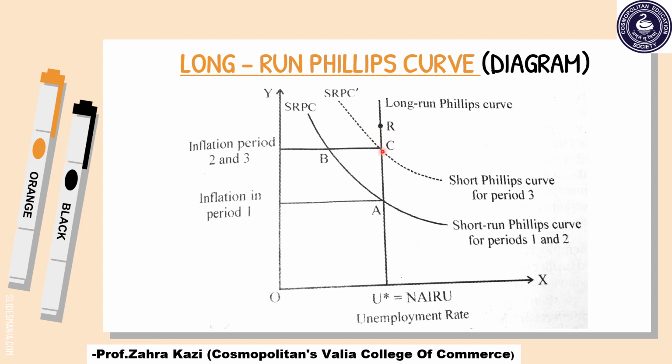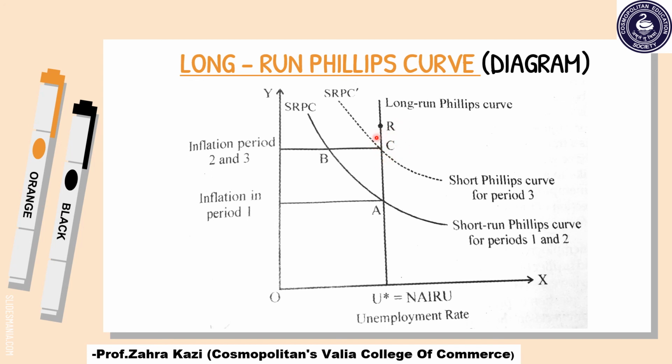This inflation rate is the same as that in period 2 at point B. So thus we can say that the actual inflation rate at point C is equal to the higher inflation rate at point B. Further, the economy may move to point C due to a slowdown with unemployment back to the NIRU point in period 3.